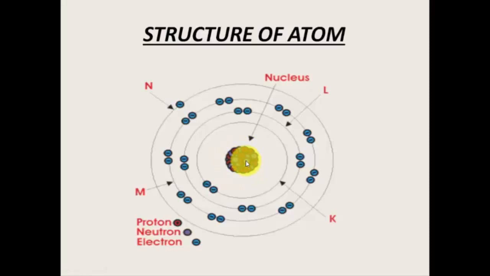As I've talked earlier in the previous videos, there are three kinds of charged particles. There are positively charged, a few of the particles are negatively charged, and there are some particles which are neutral in charge. So the nucleus of an atom consists of protons and neutrons, and the protons are positively charged and neutrons are neutral in charge. So these two form the nucleus of an atom.